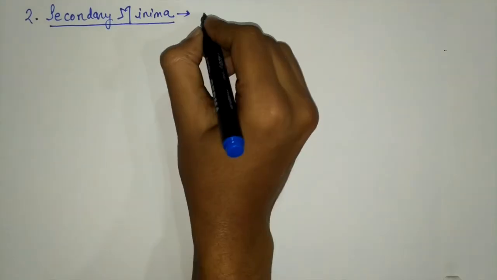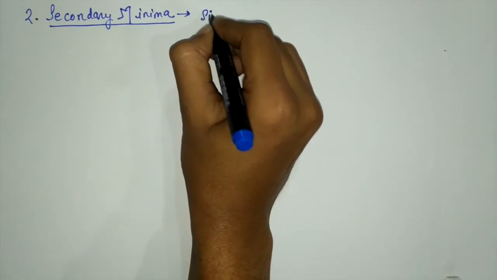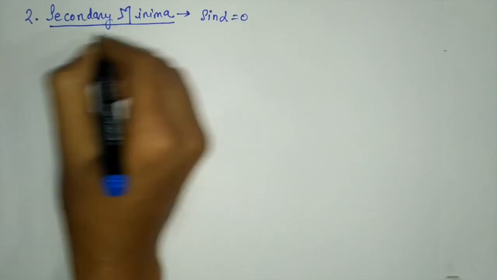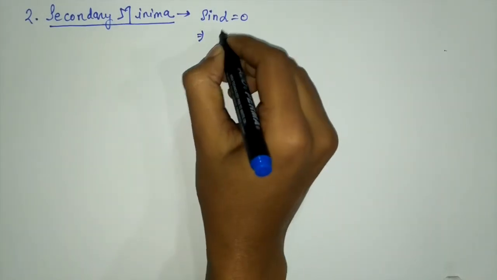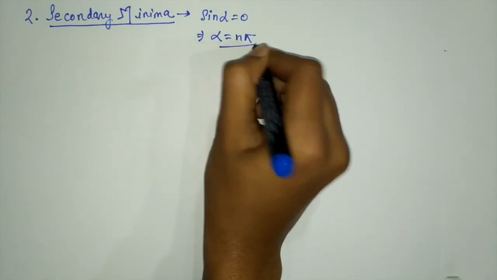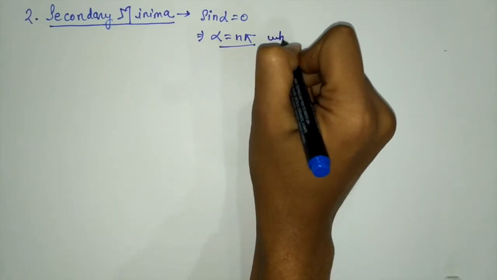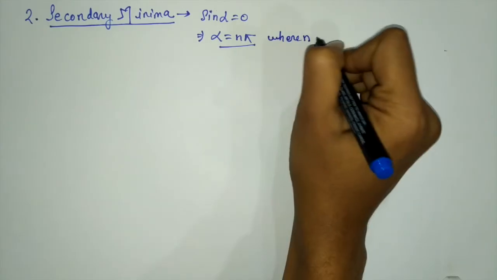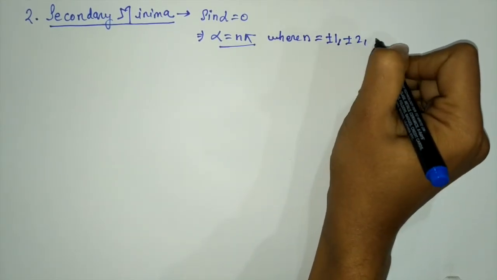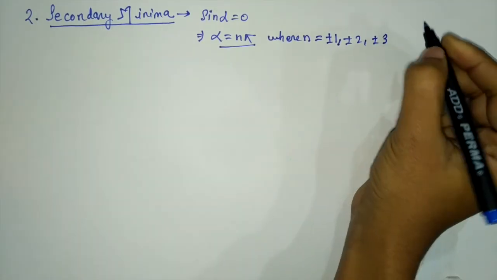Secondary minima will be seen at sine alpha equal to 0, which implies that alpha will be equal to n pi, we know from trigonometry, where the value of n is equal to plus minus 1, plus minus 2, plus minus 3.